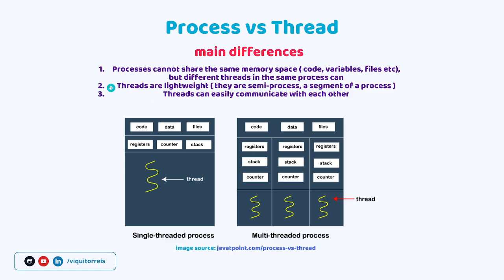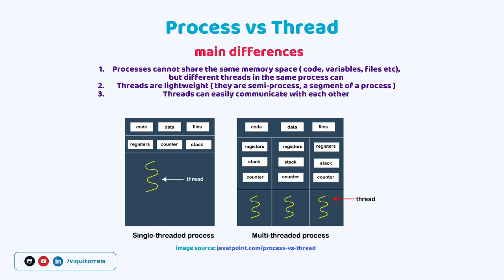The number two is threads are lightweight. They are semi-processes, a segment of a process, right? Threads can easily communicate with each other. So the communication between threads is much easier than between processes, which is much more complex.